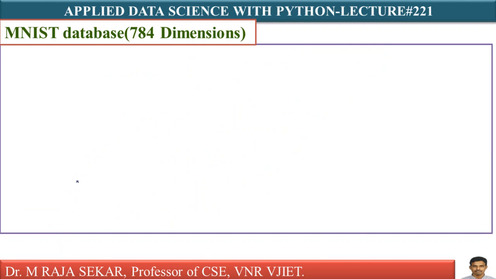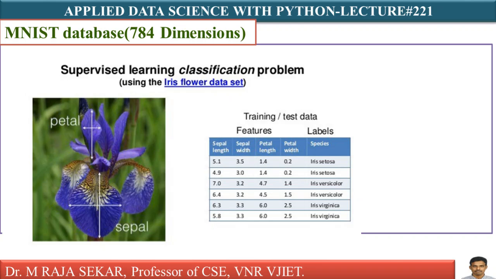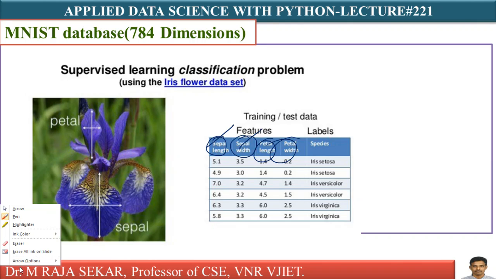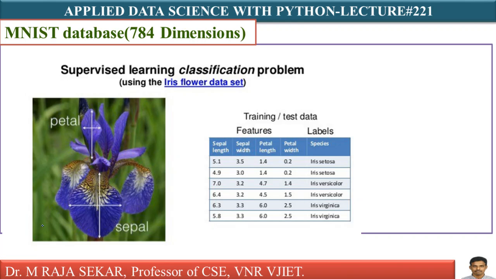Just see the IRIS dataset. This is my IRIS dataset, which has how many features, how many dimensions? Sepal length, sepal width, petal length and petal width, and it has 3 labels, isn't it? As I told you, this is a 4-dimensional data set, whereas our MNIST data set has 784 dimensions.